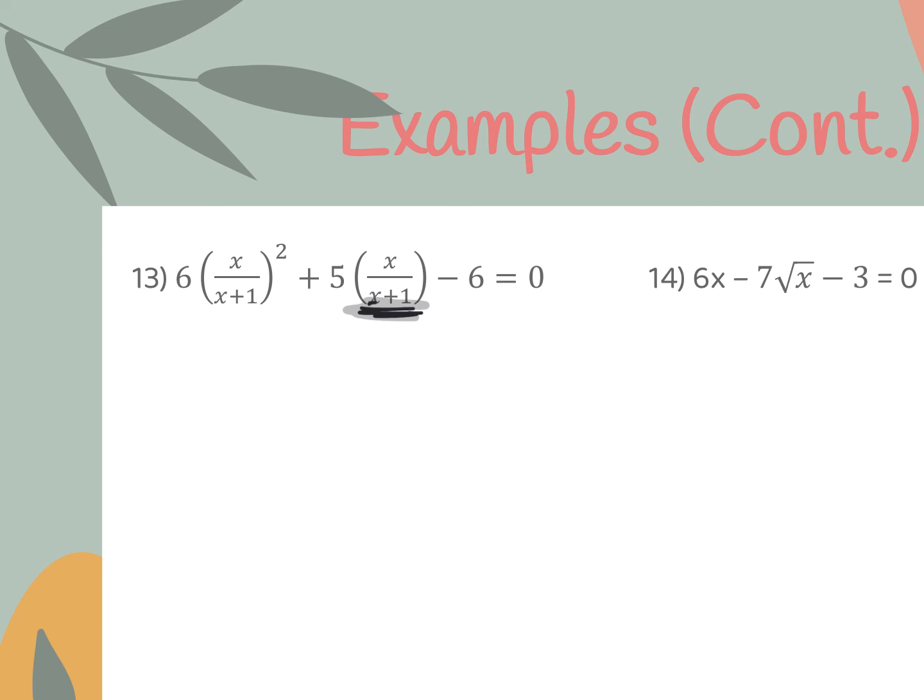Because if you notice, the first term is this thing squared. So my u value is going to be set equal to x over x plus 1. So notice I can square the u because it's the same thing. So it'll become 6u squared plus 5u minus 6 equals 0.